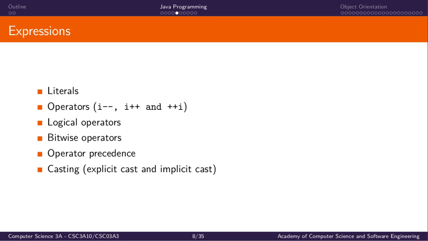So if we had i initialized to 0, i plus plus would be use 0 first, then increment it. So the next iteration would then use 1, but the first iteration uses 0. Plus plus i means increment i first, then use it. So my first value of i would then be 1, not 0. It depends which order you want: either using the current value, then incrementing, or first incrementing, then using that value.